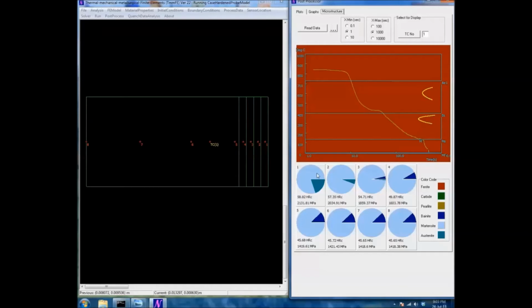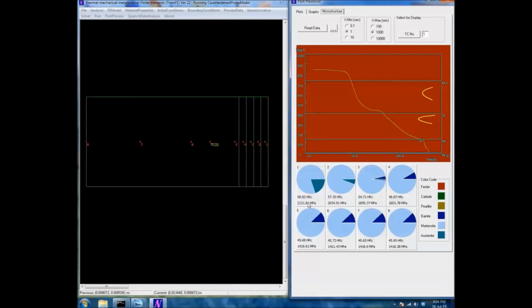The pie chart here shows the percentage of phases that are expected at this location. You will see that about 80% has been converted into martensite with about 20% remaining austenite.